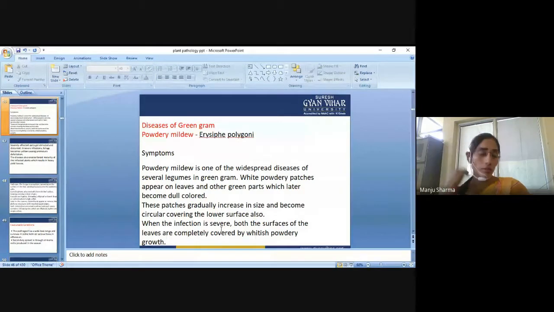It is a major disease, and in mostly all types of plants powdery mildew is there. Due to the whitish appearance, the name given is powdery mildew.